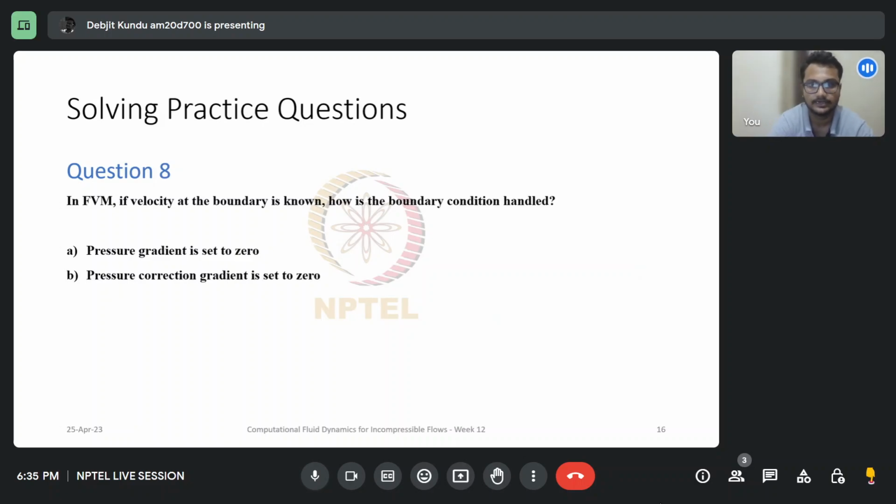Is it option A, pressure gradient is set to 0, or option B, pressure correction gradient is set to 0?